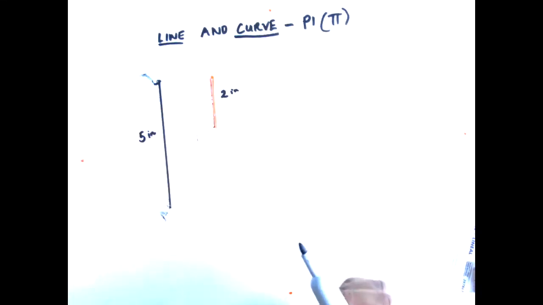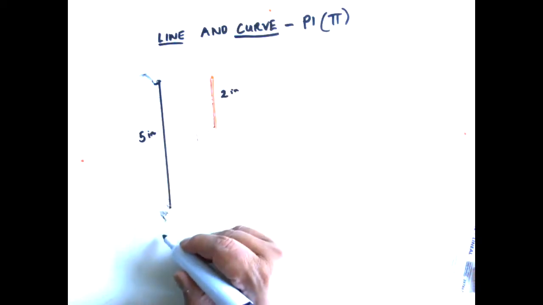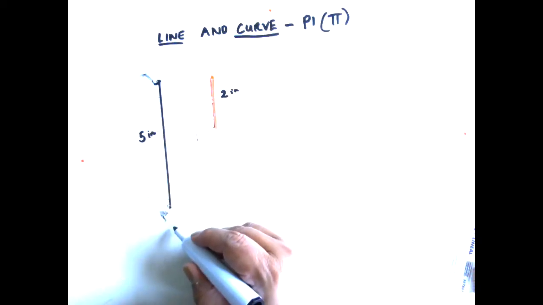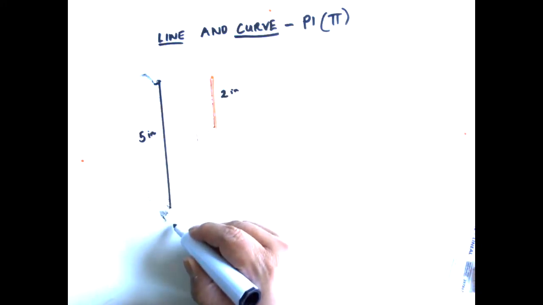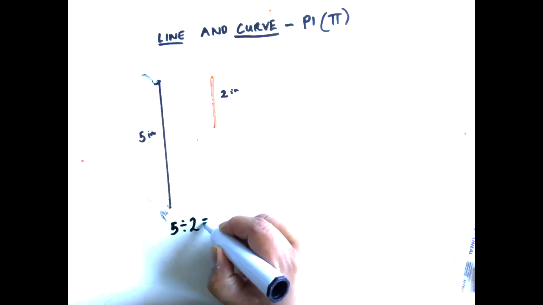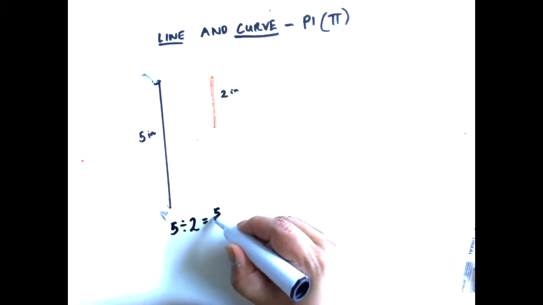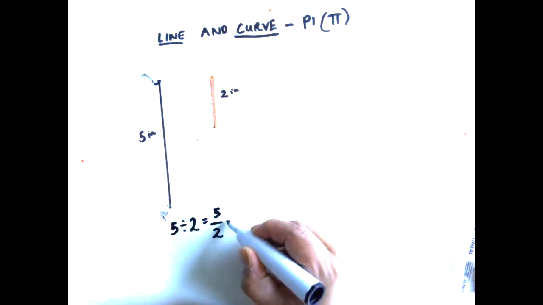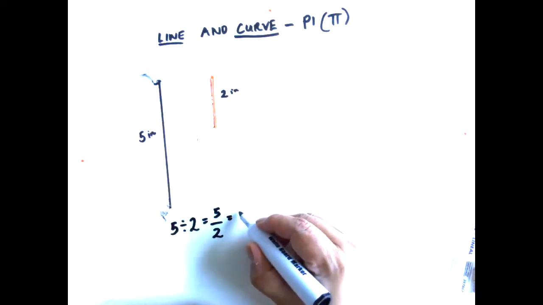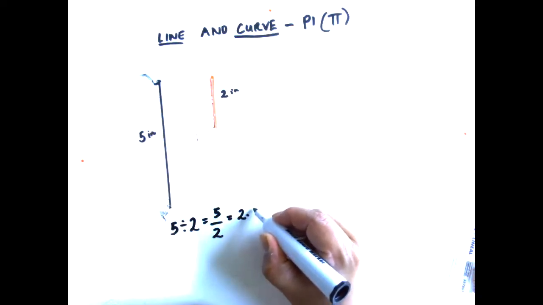In numbers, the question you could ask is, how many 2's go into 5? Or 5 divided by 2, or in fractions, 5 over 2, and your answer would be 2.5.